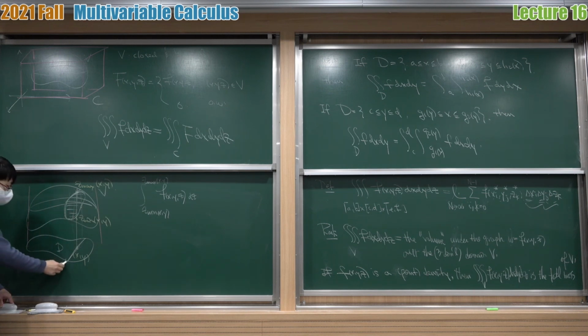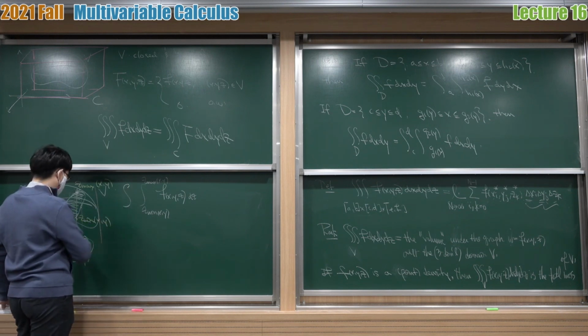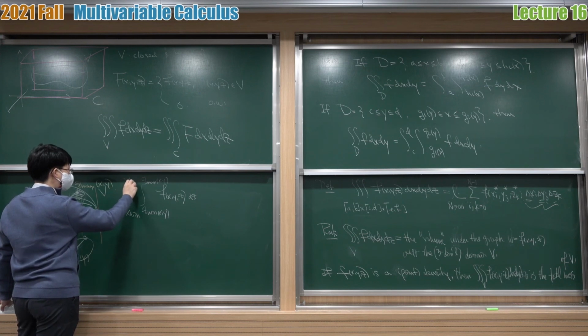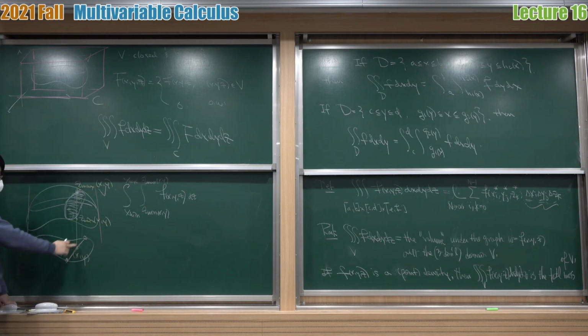If I range my x from the minimum to the maximum value, I get a slice, and if I integrate over that slice, I get the mass of that slice, right? That's x min to x max. So x min and x max depend on y. It depends on where I cut this point, so it's a function of y.